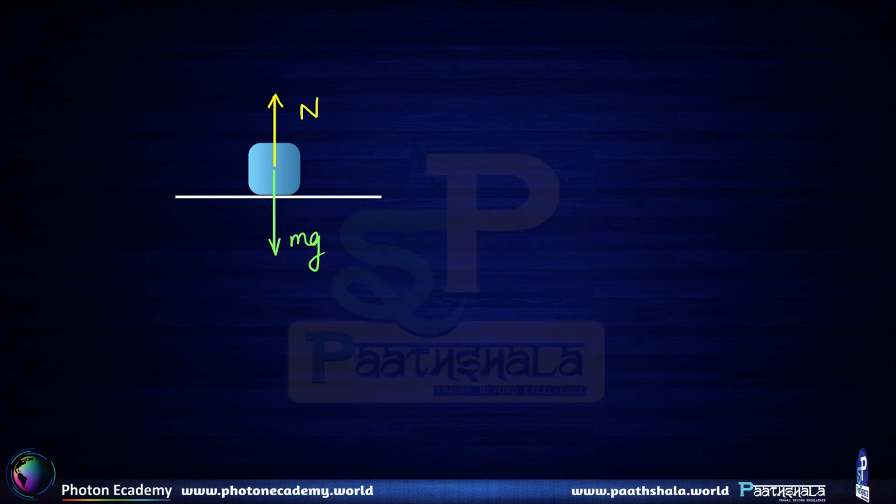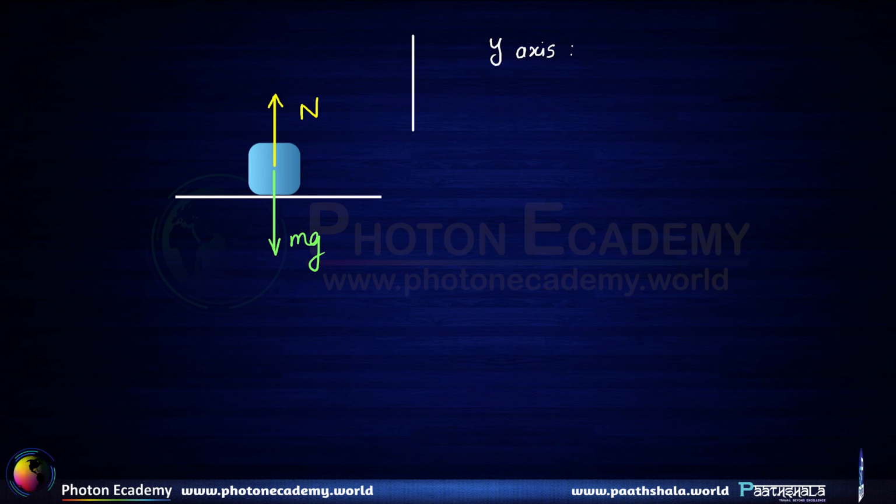So if we are writing the y-axis equations of motion, then we'll get, considering the positive y direction to be the upward direction. So this happens to be the positive y direction and this happens to be the positive x direction.